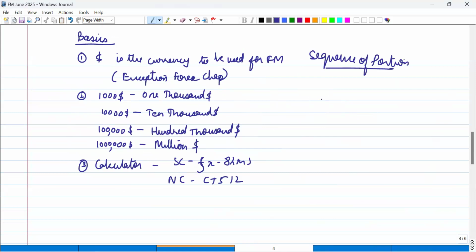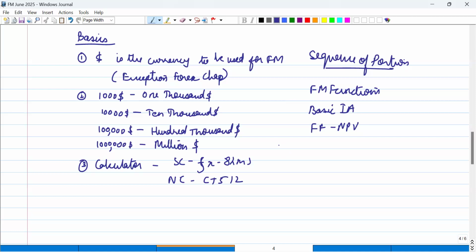Sequence of portion, right? First, I will do FM functions. I generally start with that, correct? Then I'll go to basic investment appraisal, correct? Then I'll go to full-fledged NPV, right?